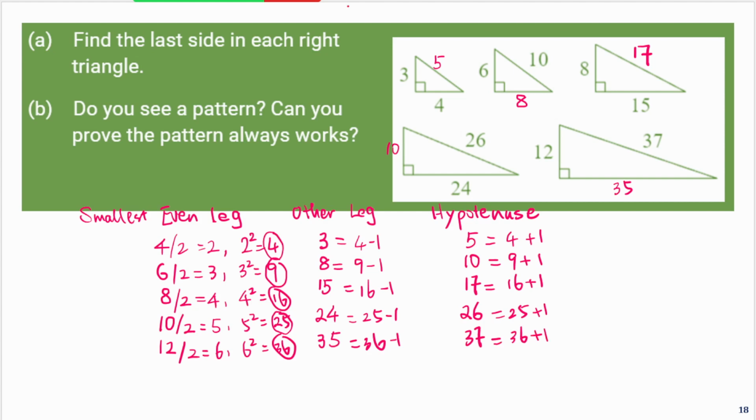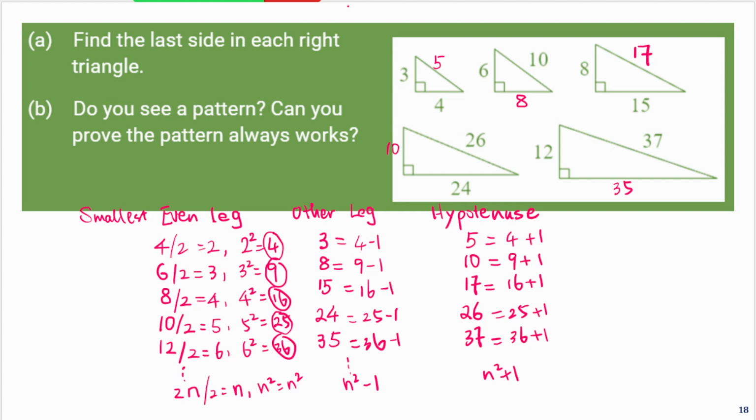So if the smallest even leg is, for example, 2n, we halve it to get n. Then n squared is n squared, of course. Then the other leg must follow the same pattern, which is n squared minus 1. The hypotenuse is n squared plus 1, right?